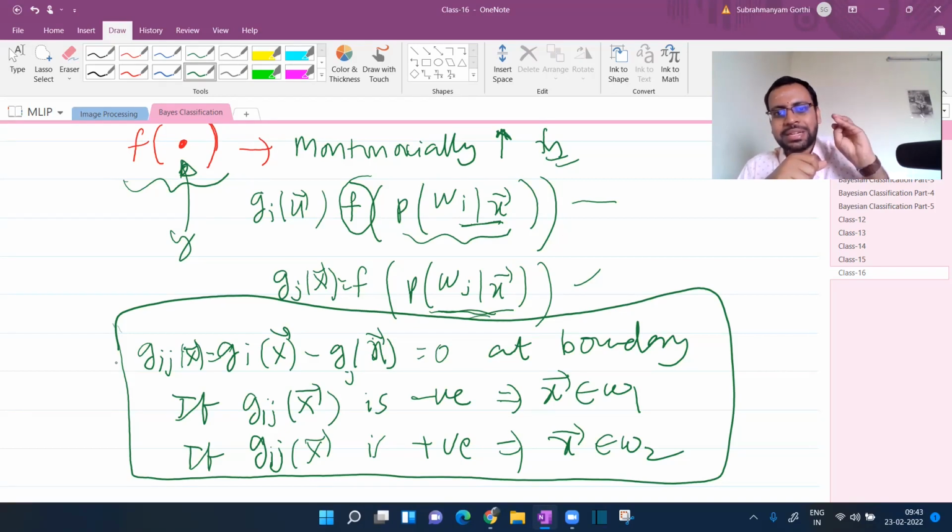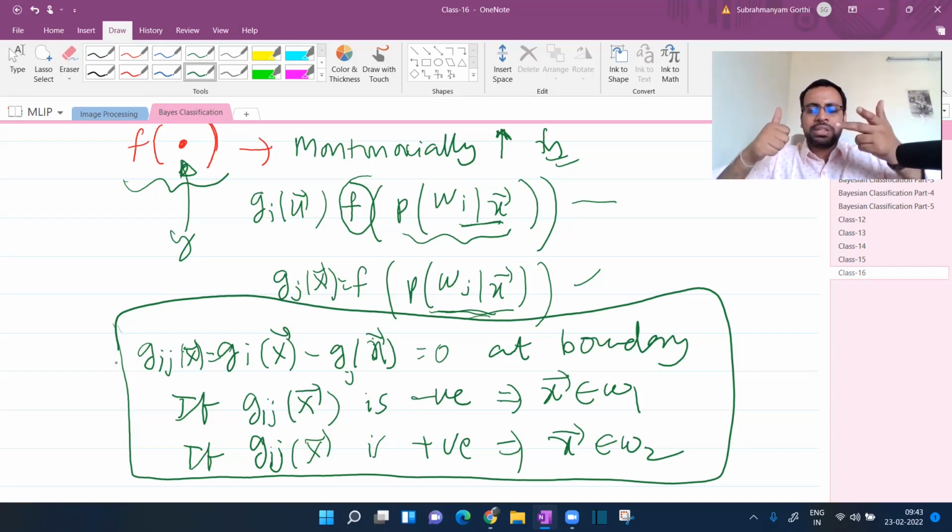And this function is monotonically increasing. That means if x1 is greater than x2, f of x1 will also be greater than f of x2. If x1 is equal to x2, f of x1 is equal to f of x2. And similarly for the less-than case. Since this relative ordering is maintained, and I am going to make a decision based on whether the difference is 0, positive or negative, I could make the same inference based on the difference of these functions after giving the probabilities as input to the function.